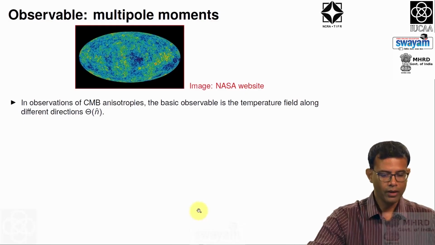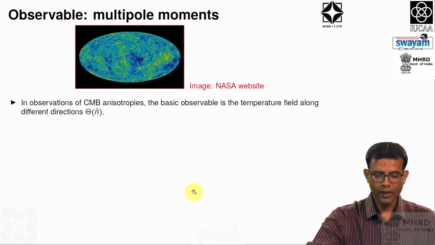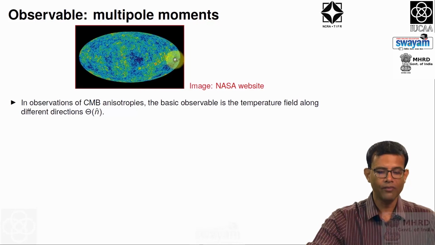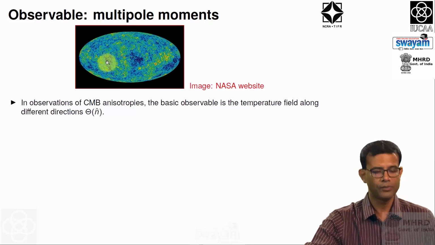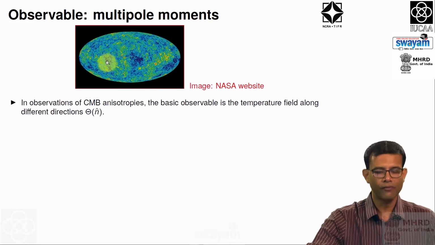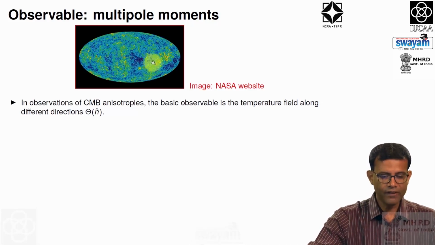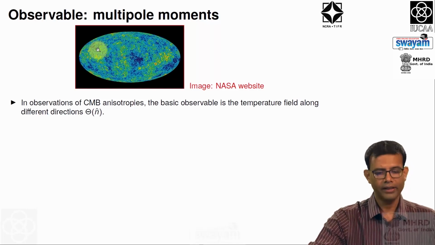Now, when we observe CMB anisotropies, the basic observable is the temperature field along different directions. This, for example, is something which WMAP had observed. You will get a similar picture, for example, for Planck. You can see these are different directions along the sky, and each point has a temperature, and the value of temperature is different in different directions.